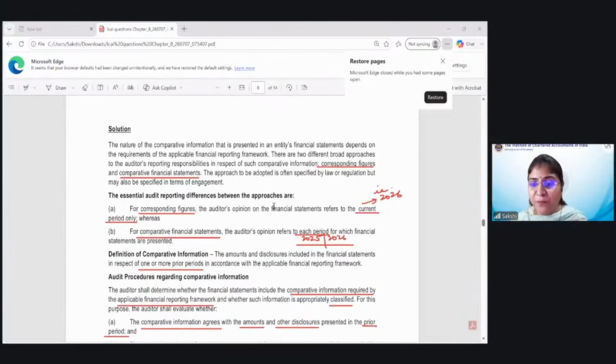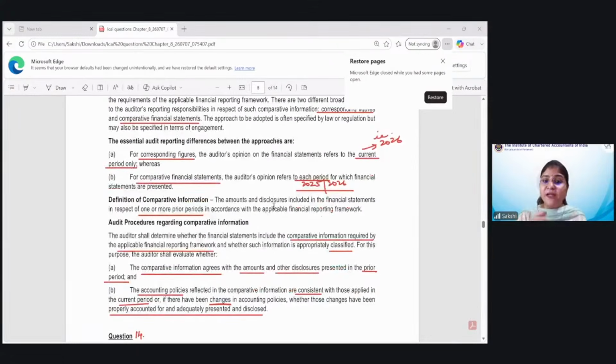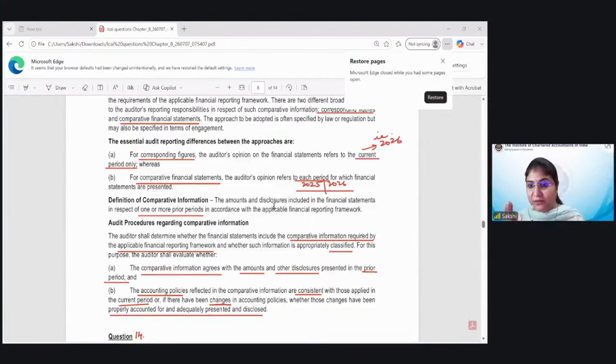The approach to be adopted is often specified by law or regulation but may also be specified in the terms of engagement. Obviously, your engagement will say whether you are doing comparative figures or corresponding figures. The essential audit reporting differences between the approaches are: for corresponding figures, the auditor's opinion on the financial statements refers to the current period only. Simple language. For comparative statements, the auditor's opinion refers to each period for which financial statements are presented, that is 25 and 26.